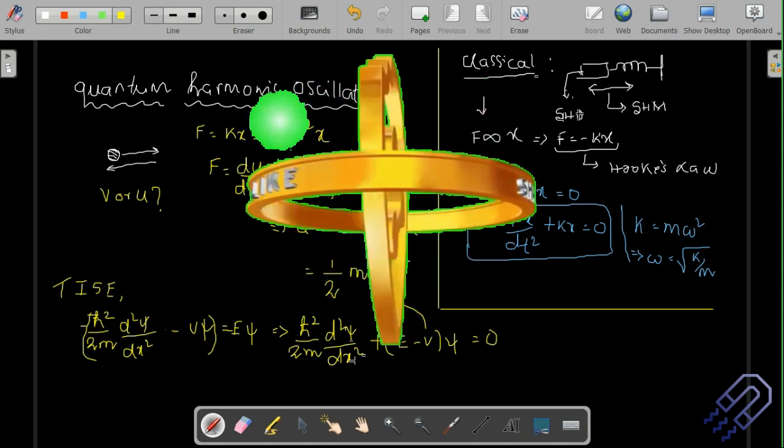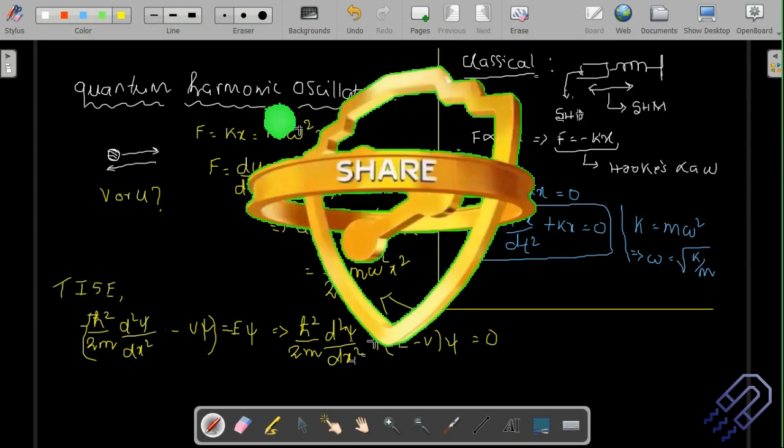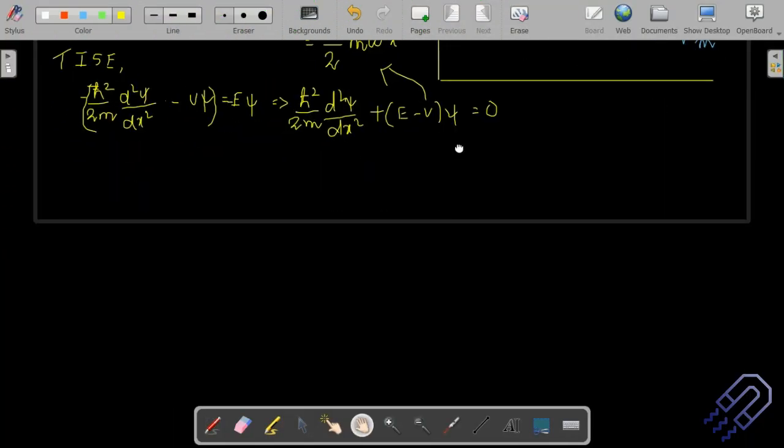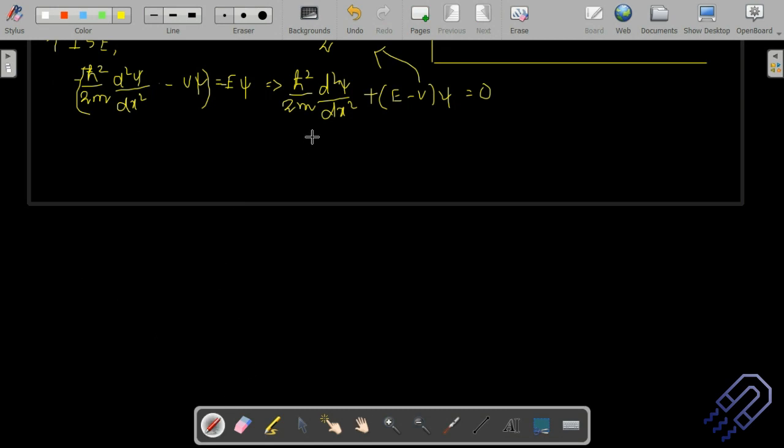Remember, our V is this. We can write that down at any point of time, but for now let's keep going. We can modify this relation slightly more by dividing both sides by h cross square by 2m.